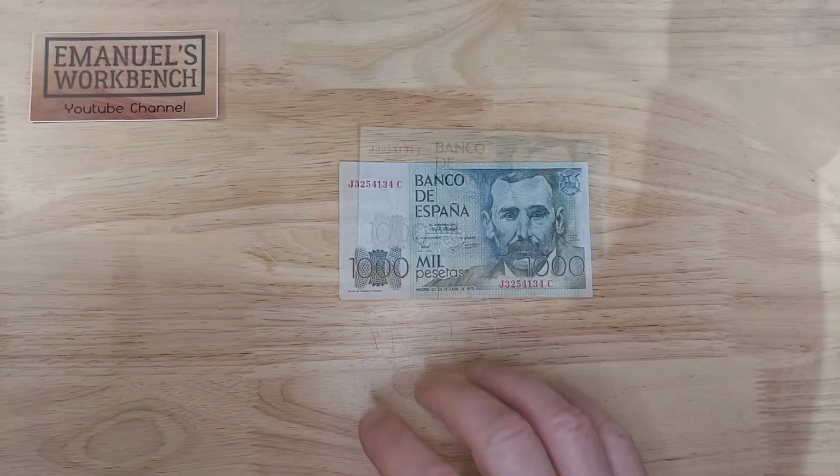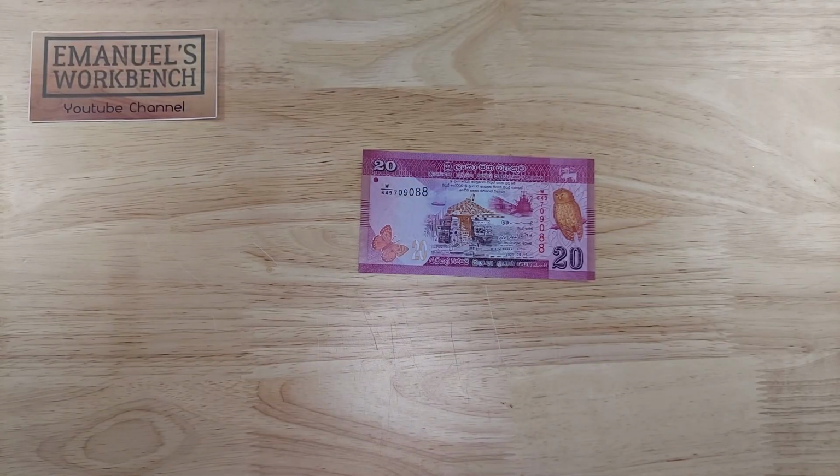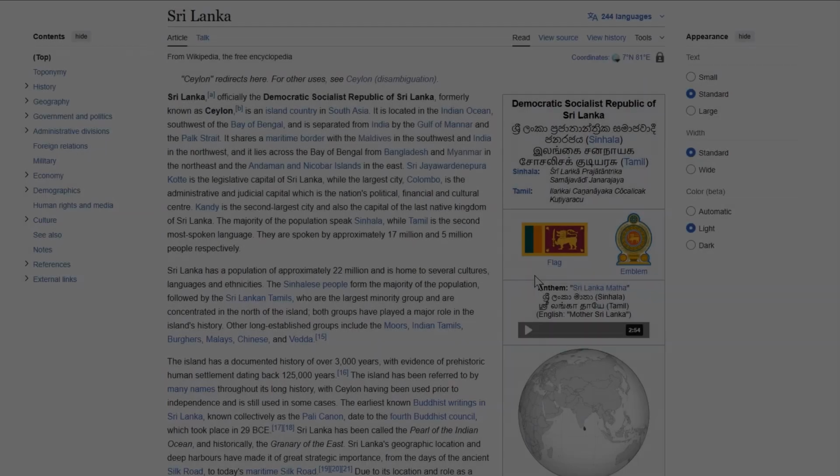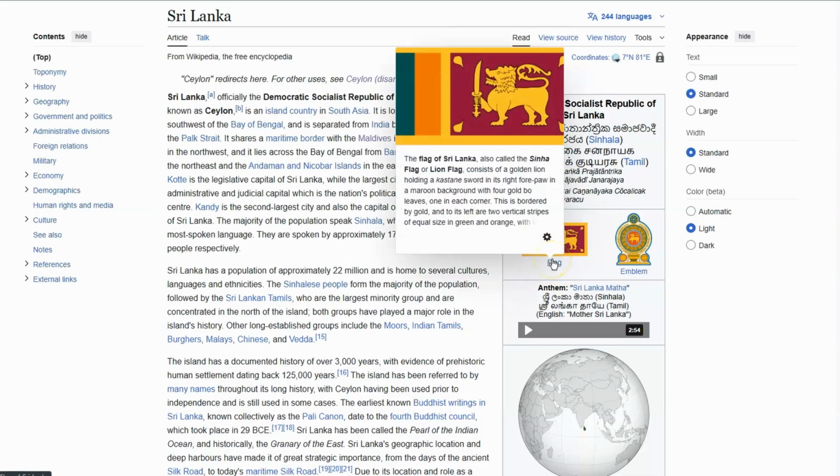Very cool. From Europe, we head into Asia and we head to Sri Lanka. Let's go check out the country profile. Sri Lanka is a country in Central Asia, just off of the coast of India. Its flag is a yellow flag with part of the flag having a vertical green and orange stripe, and the other part having a lion carrying a sword.